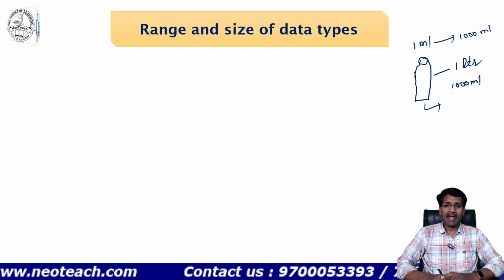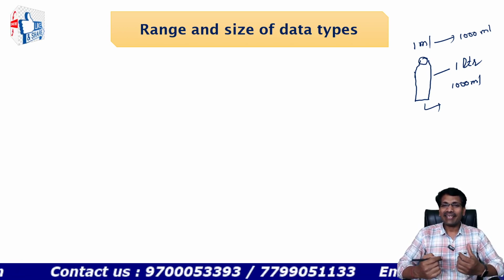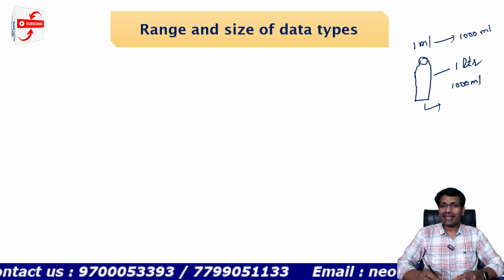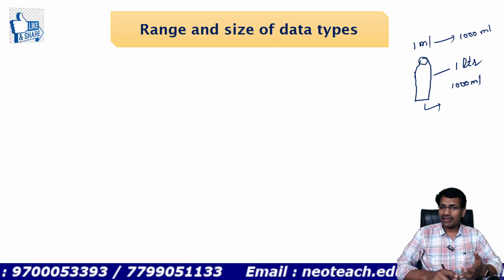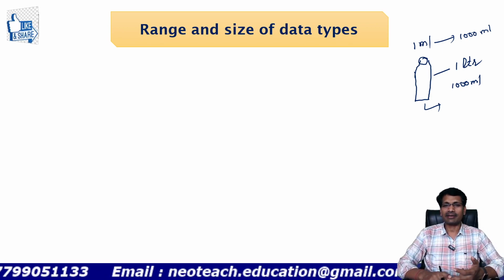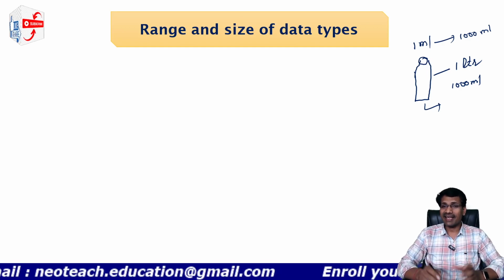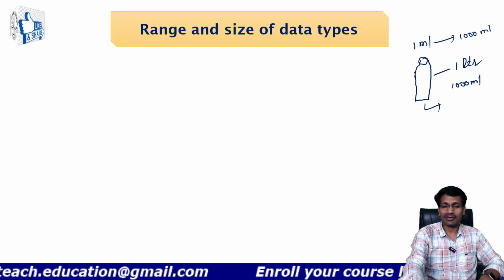In the same way, if we declare a variable with any data type, the range is the minimum value we can store in that variable and the maximum value we can store in it. We also discuss the capacity, meaning the size of that variable.